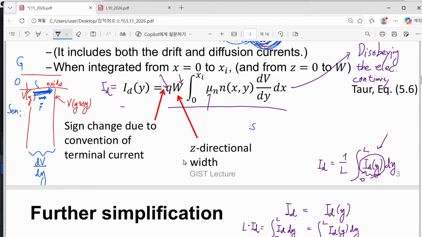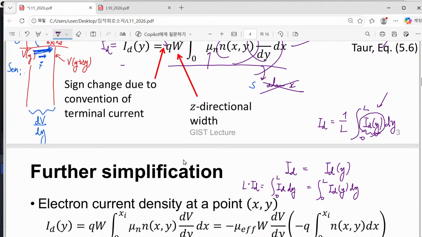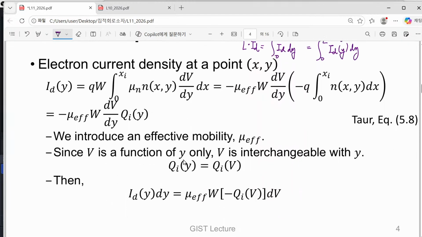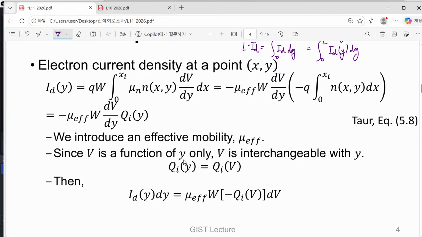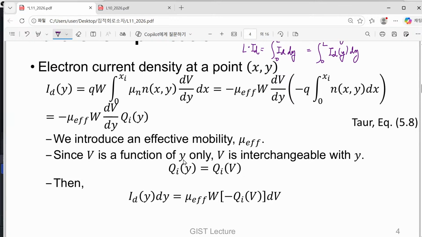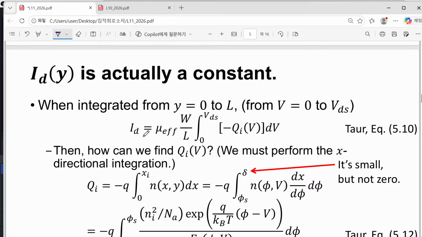So they are all just coefficients, and the only varying quantities are electron density and this dV over dy. But there is no variation along x position, so this is just a function of y. That gives us the real result for our calculation. Here ID can now be considered in this simple form.